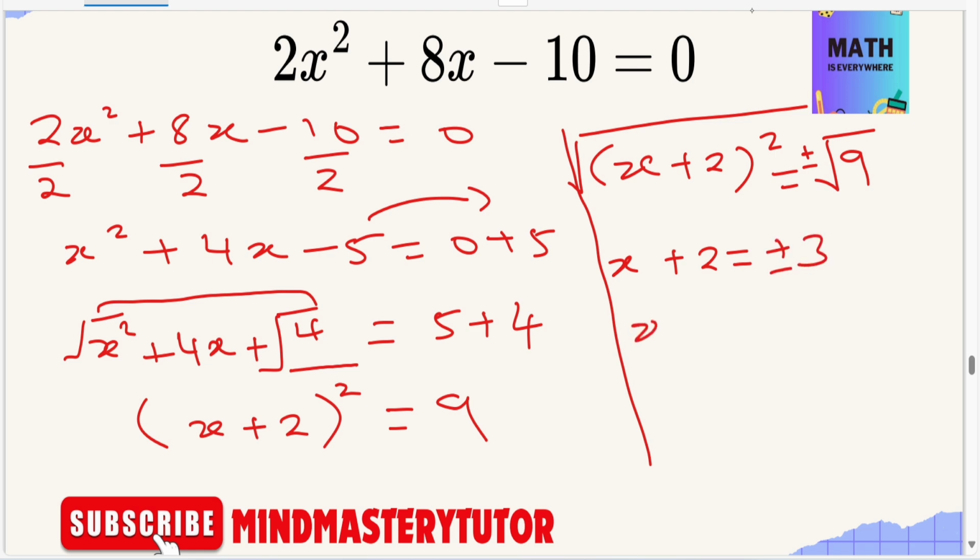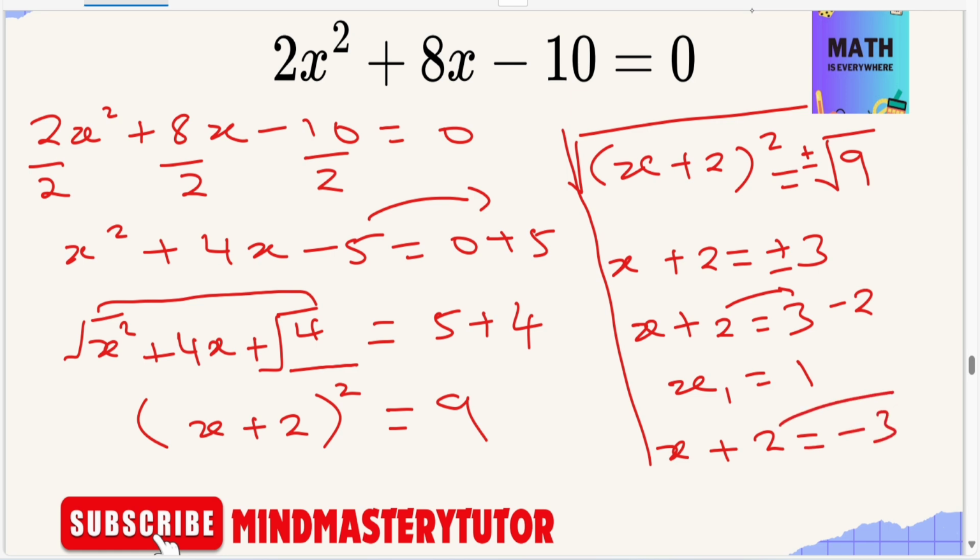So you have 2 x's. Your x plus 2 equal to positive 3. So your first x will be 1. As for the other x, it will be x plus 2 equal to -3. So your second x will be -5. Okay, so far.